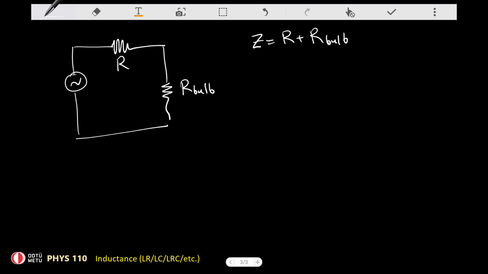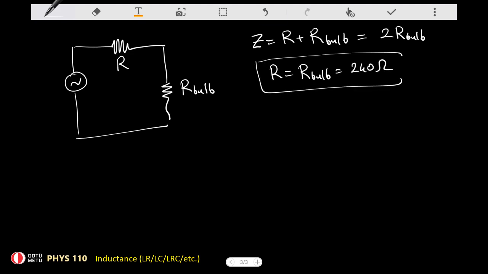We want this to be equal to twice the resistance of the light bulb, so I need a resistance exactly equal to the resistance of the light bulb. This additional device should have a resistance of 240 ohms. In this case, to cut the story short, the current in the circuit is 0.45 amperes.